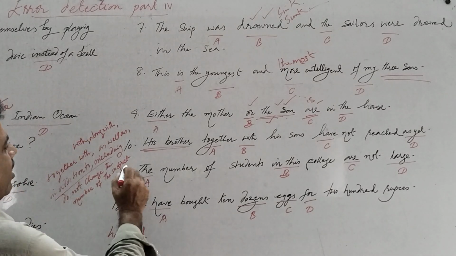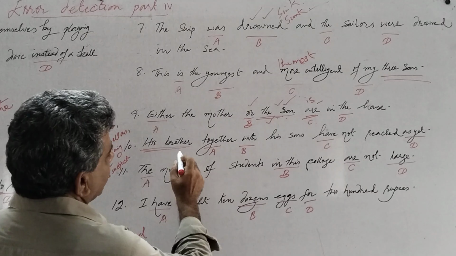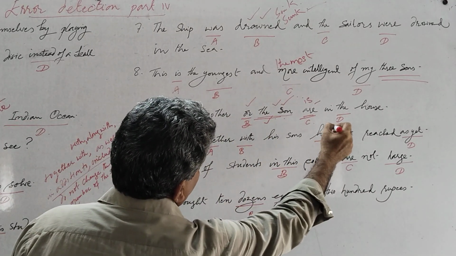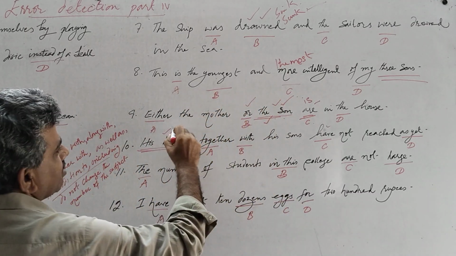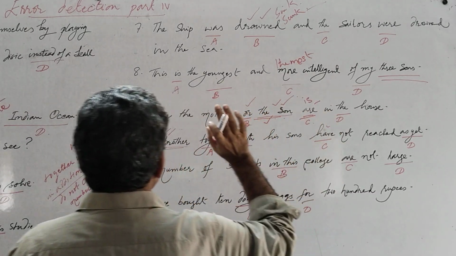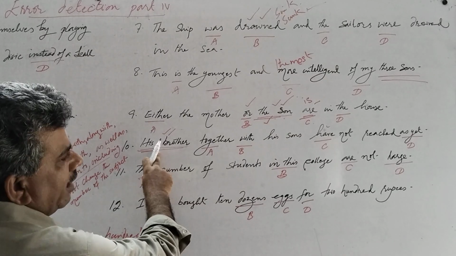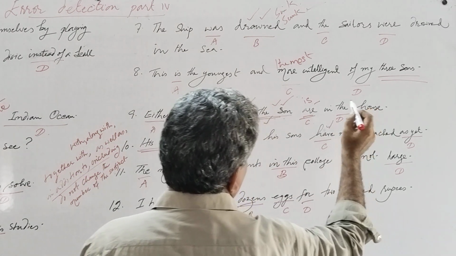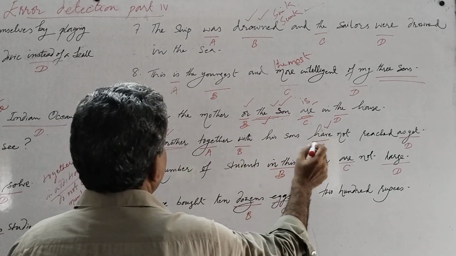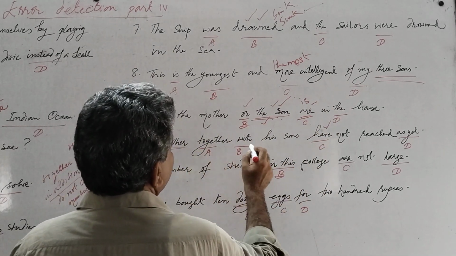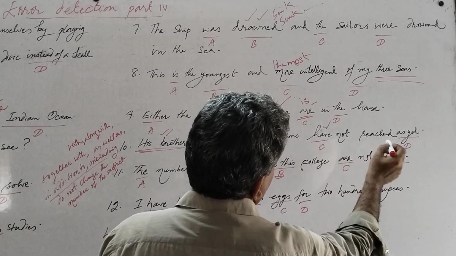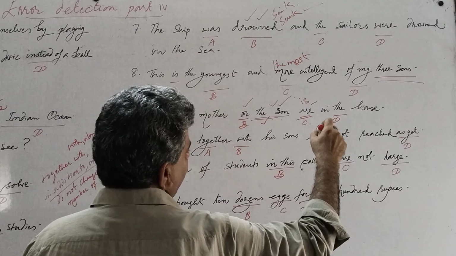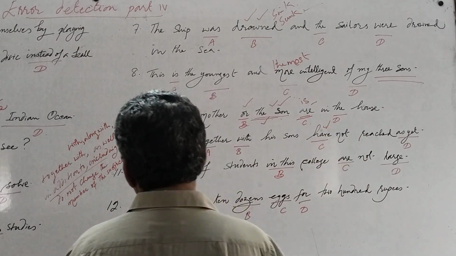We do not change the number of the subject. If the subject is singular, we'll keep the verb singular here, and if the subject is plural, we keep a plural verb here. So we have his brother, that is singular, and here the verb is written have, so we should change it, and with the has, his brother together with his sons has not reached as yet, have should be replaced with has here. The error is at option C.